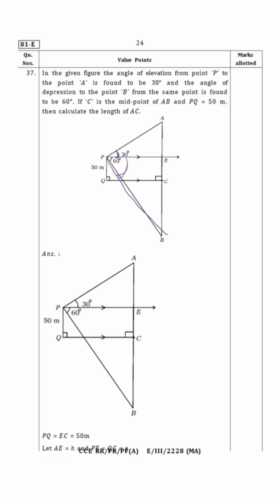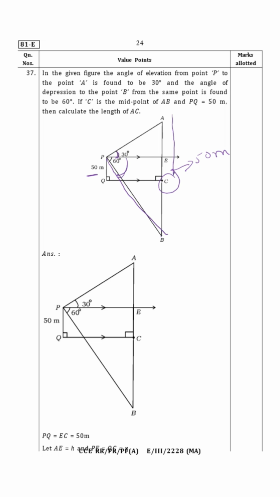This one. If C is the midpoint of AB and PQ is 50 meter, so this is also 50 meter. Then calculate the length of AC. This length you have to calculate.